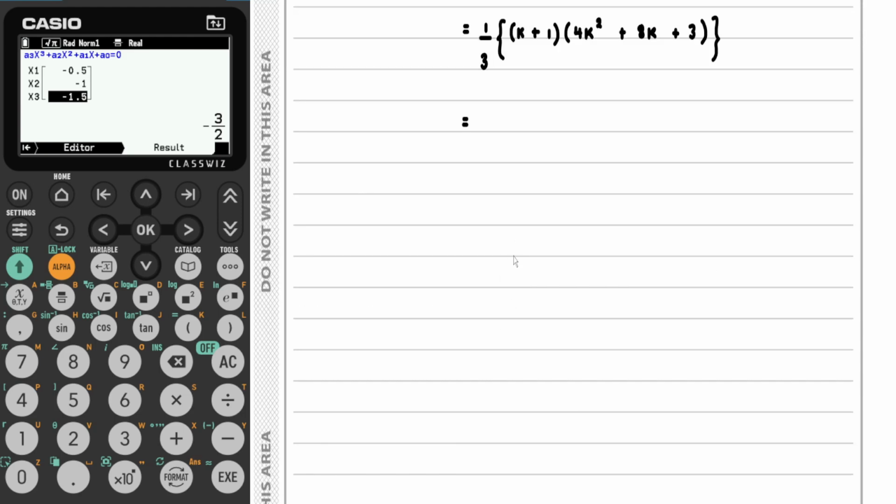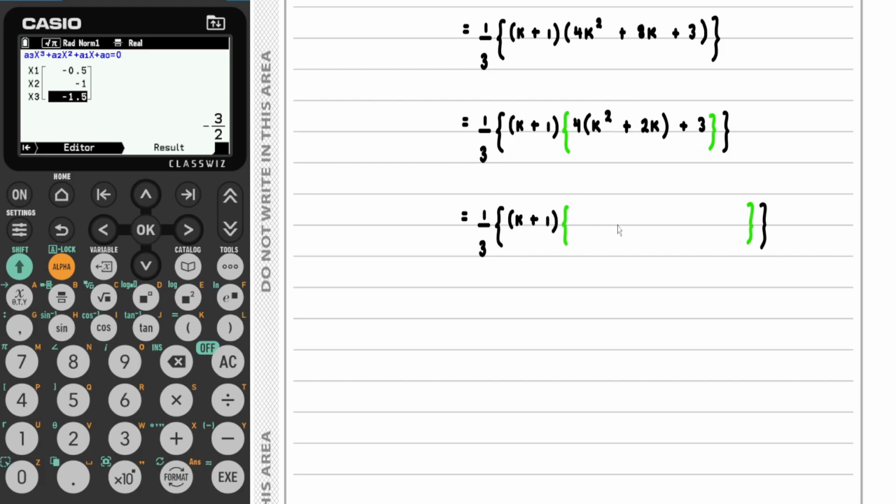And that's what I'm going to do. I've got this third times k plus 1. And then this 4k squared plus 8k plus 3, I'm going to complete the square of it. So I've got 4 times k squared plus 2k plus this 3. So I've got a third times k plus 1. And then I've got 4. And then the k squared plus 2k, I can write that as k plus 1 squared subtract 1.